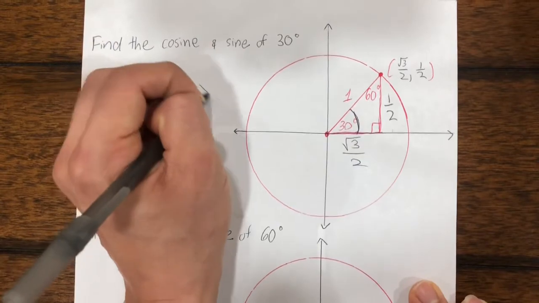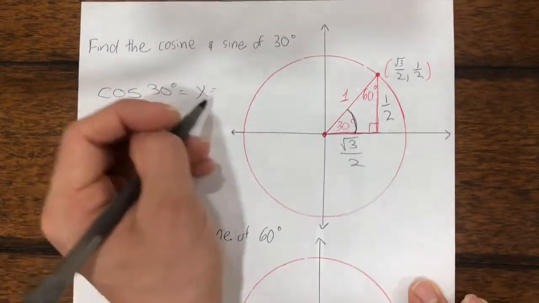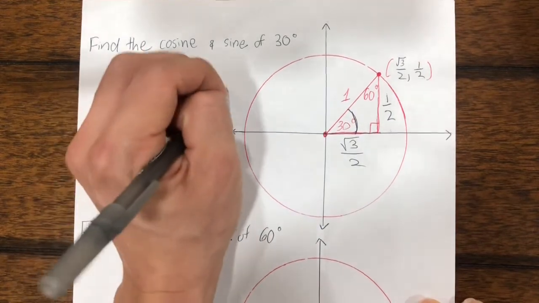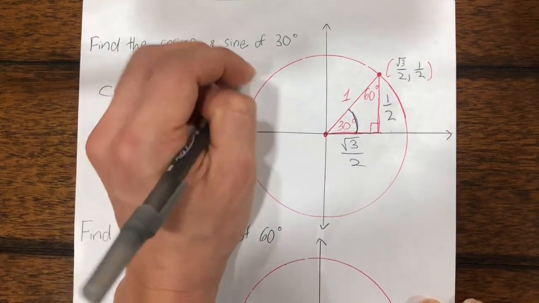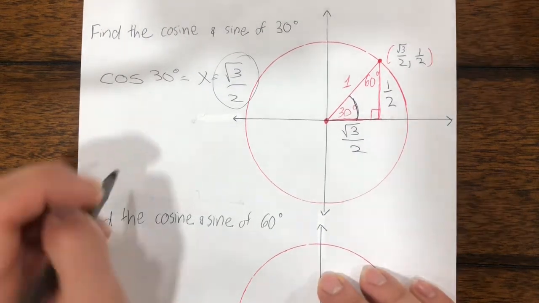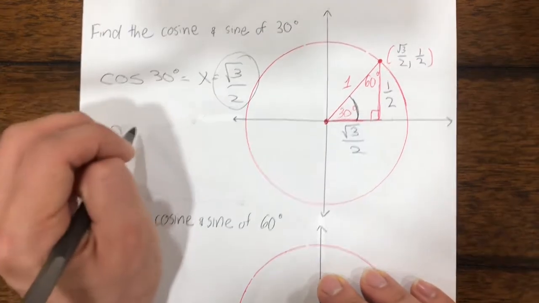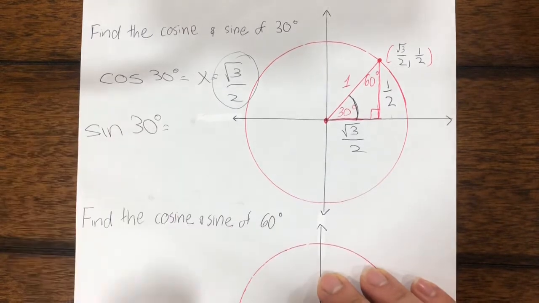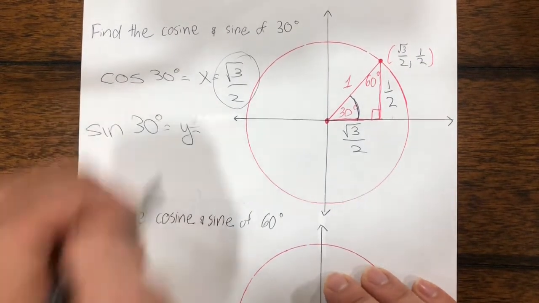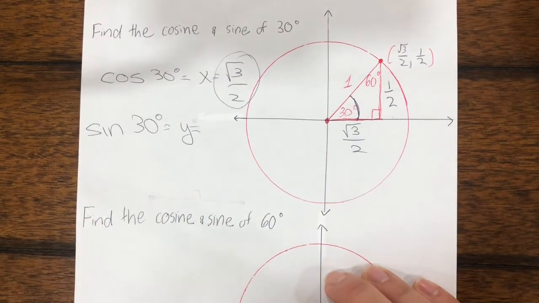And my x coordinate for this point is root 3 over 2. So cosine of 30 would be root 3 over 2. And then we have sine of 30 degrees, and sine of 30 degrees is my y value. My y value for this one is 1/2.